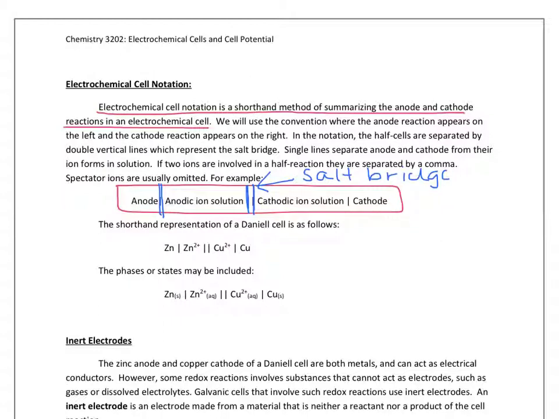Then we have whatever is in solution at the cathode, a straight line, then whatever is the electrode of the cathode. So we bookend by the two electrodes.